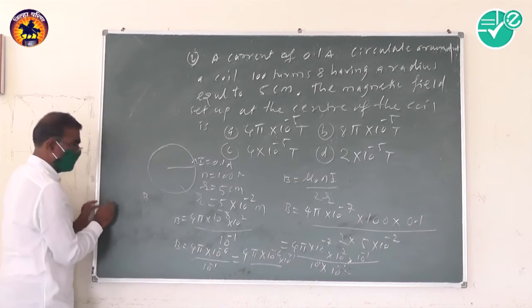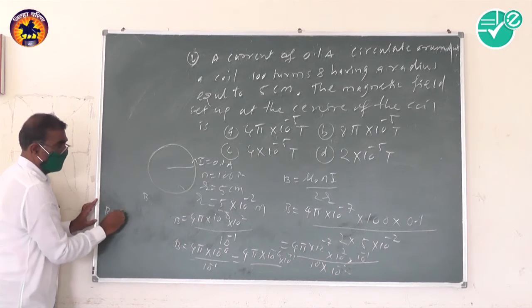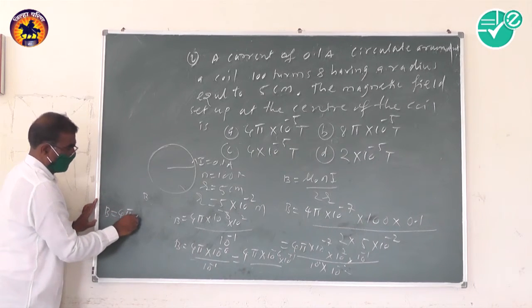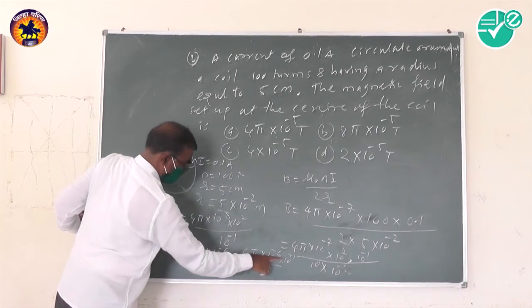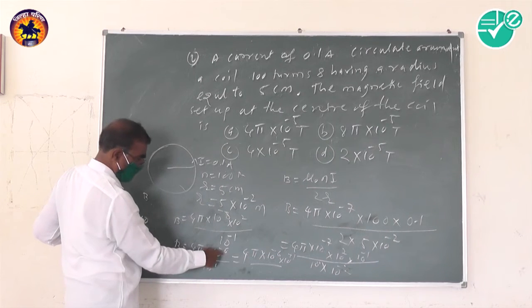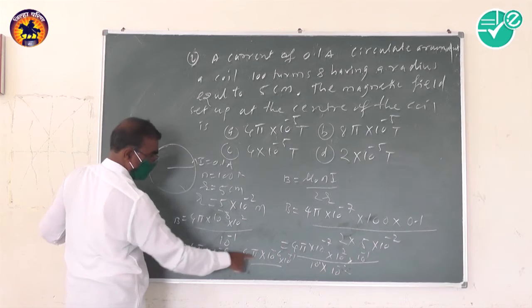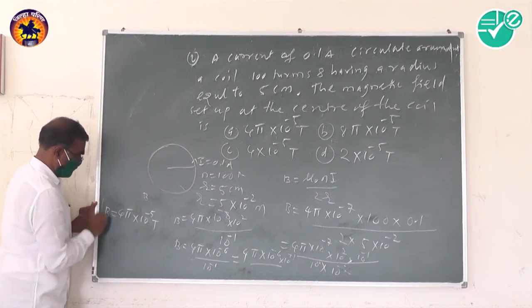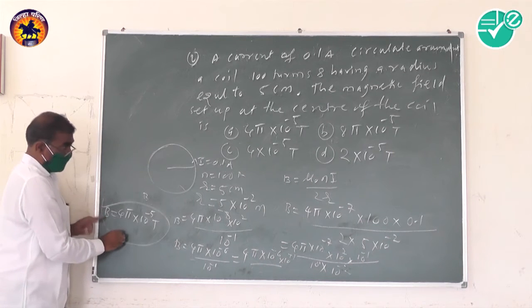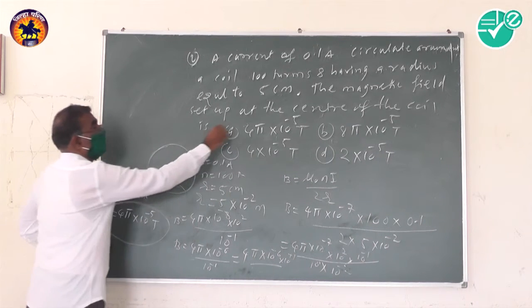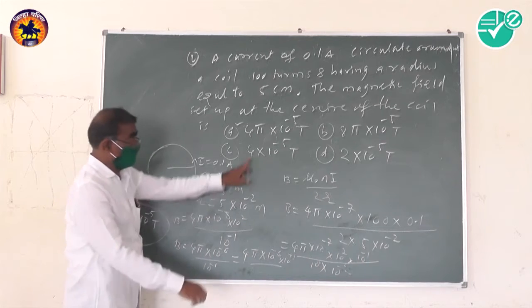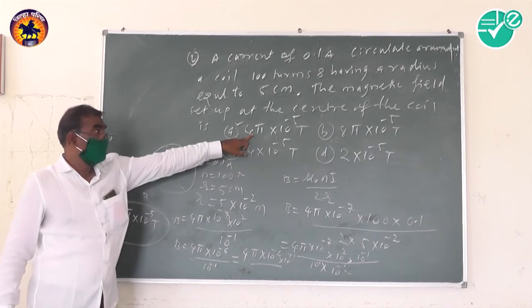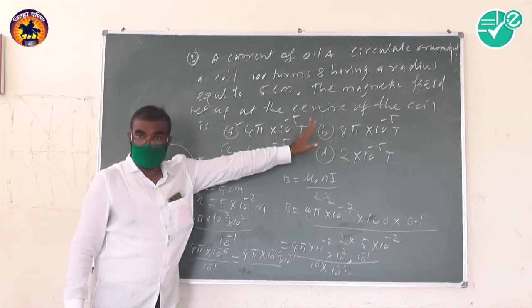Our answer is B equal to 4 pi into 10 raised to minus 5 Tesla. That is the answer. The first multiple choice is correct, 4 into 10 raised to minus 5 Tesla.